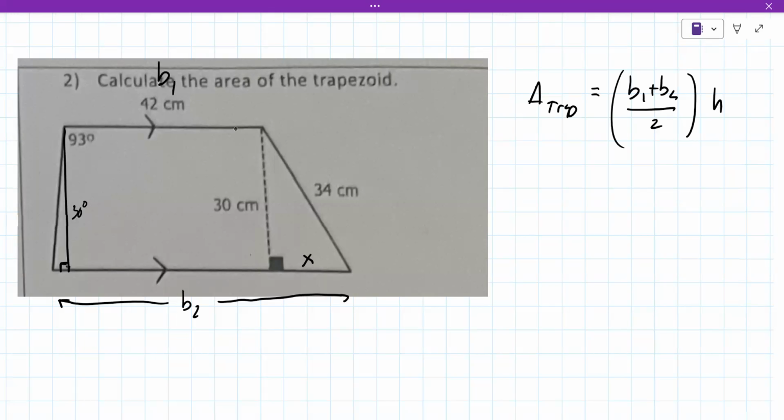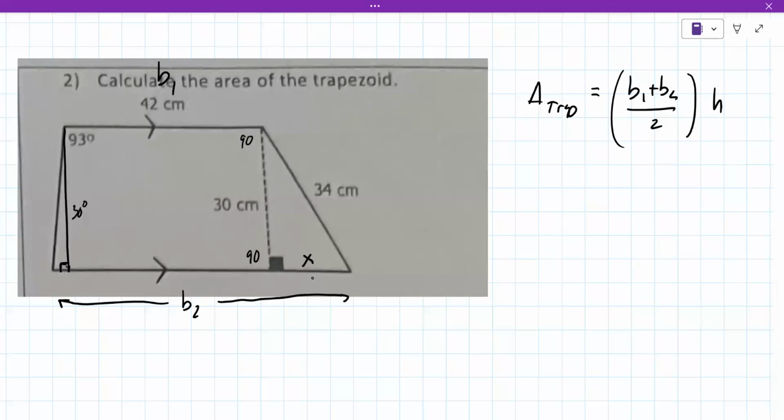Okay. So that's 90, that's 90. Interesting. We're going to have to find some information on this triangle, but let's find X first. That's the easiest path to go down here.